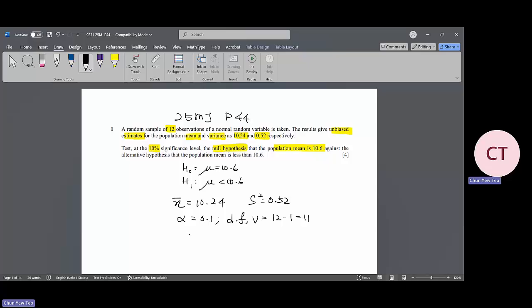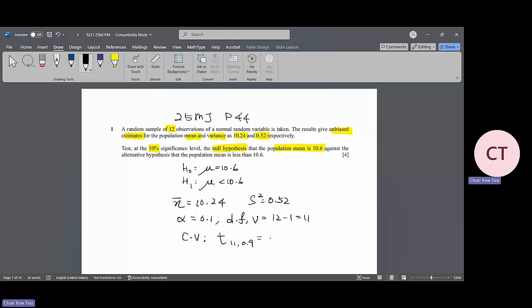Then your critical value, this will be a t-test because the sample size is small, n is 12 only. So the critical value, go and find the t value. It will be degree of freedom 11. The confidence level is 90%.